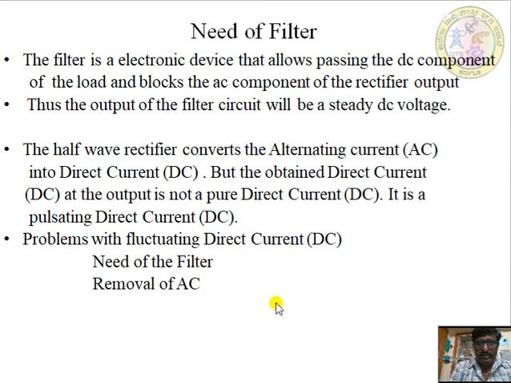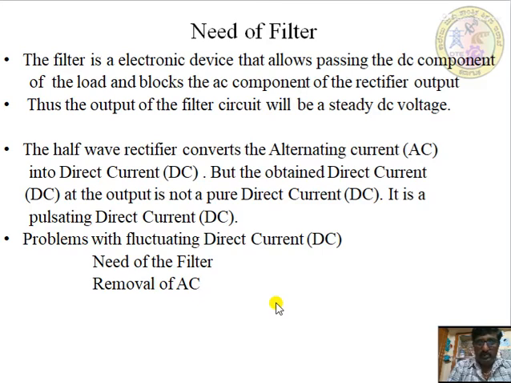Next, why do we require a filter, or what is the need of a filter? The filter is an electronic device that allows the DC component to pass to the load and blocks the AC component of the rectifier output.